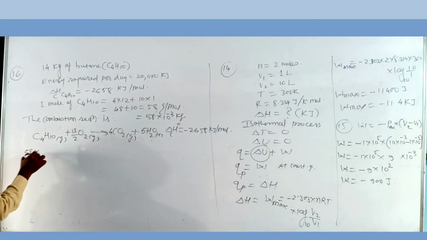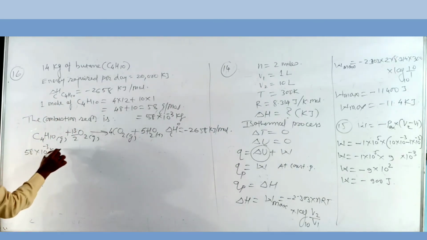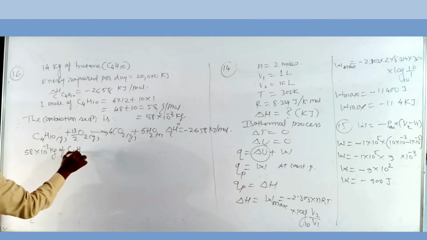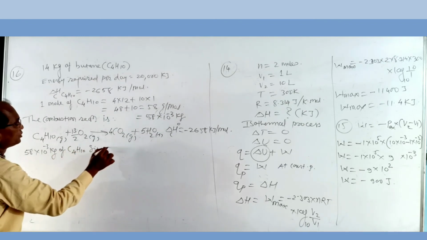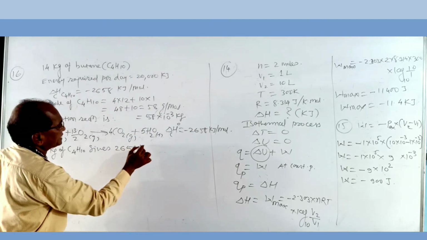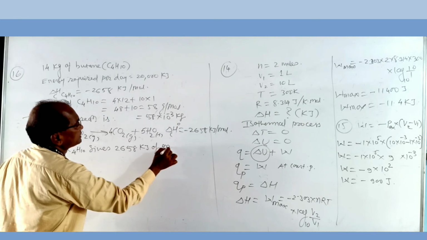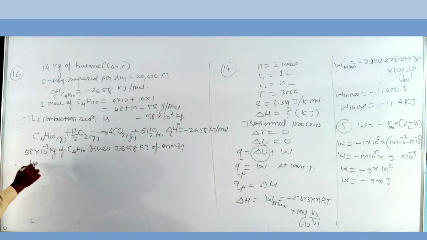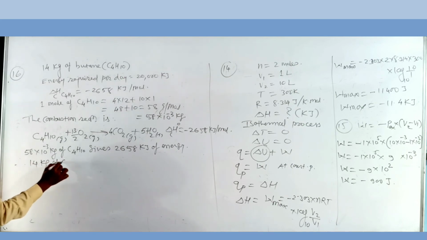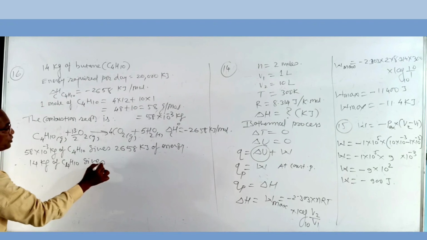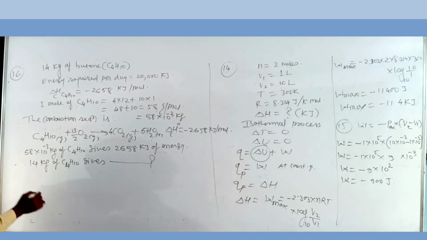Therefore, 58 into 10 to the power minus 3 kg of butane, C4H10, gives 2658 kilojoule of energy. Therefore, 14 kg of C4H10 gives how much energy?